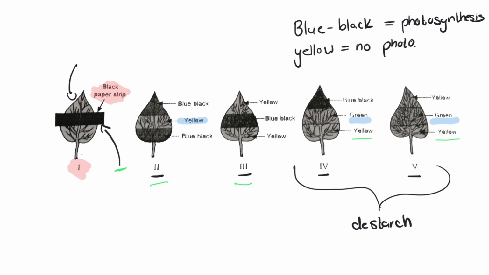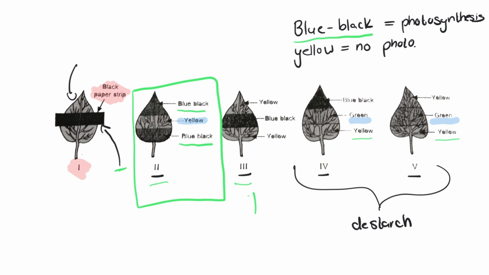Once again, we're looking for a blue-black, which means photosynthesis took place. And you can see here that blue-black is on the outer areas of the leaf that was exposed to light, and that makes sense. So our correct answer is going to be number 2. Number 3 is actually just a distractor to see whether or not you know your color changes, because as you can see, they've inverted them.